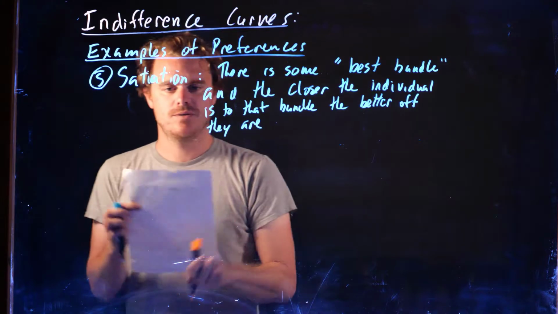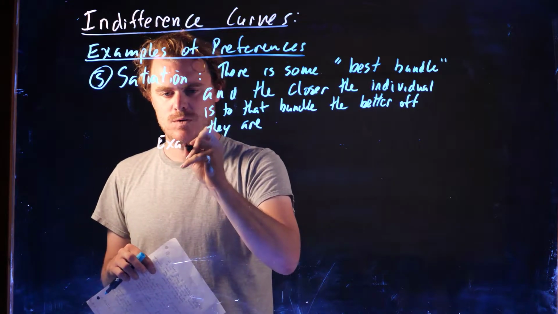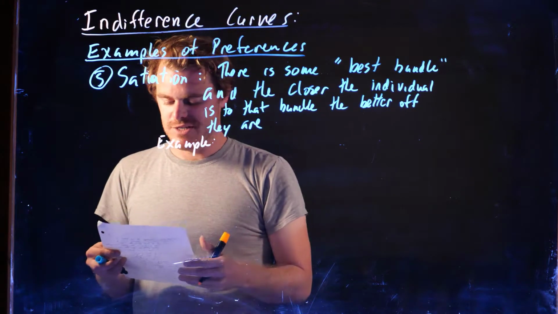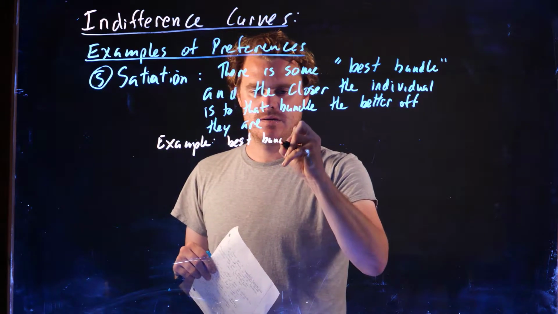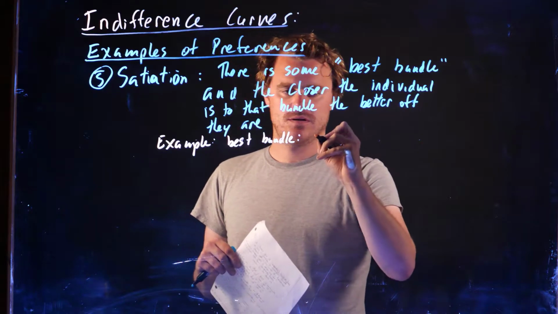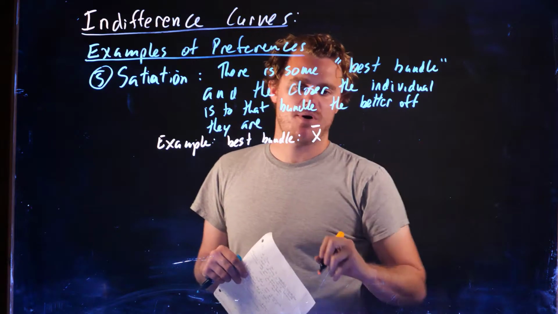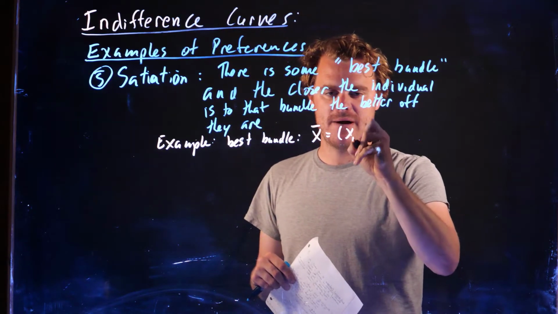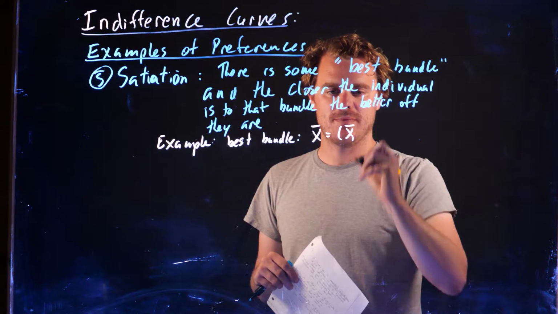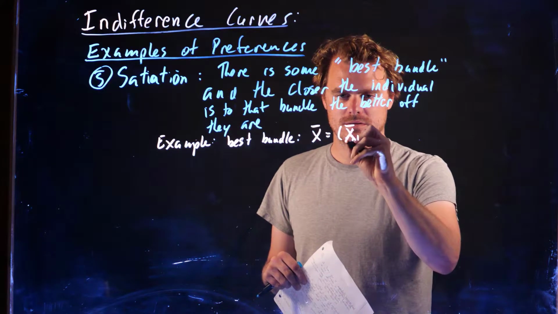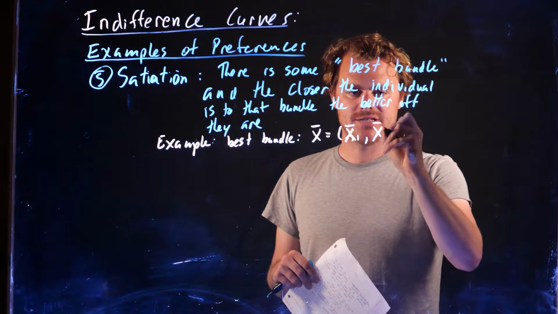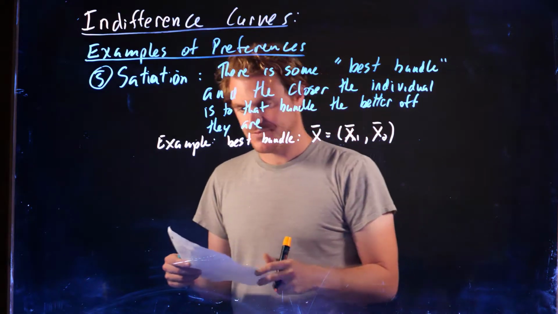So for example, let's say we have this bliss point, or the best bundle, which is some x bar, some amount of good 1, so x1 bar of good 1, and x2 bar of good 2.